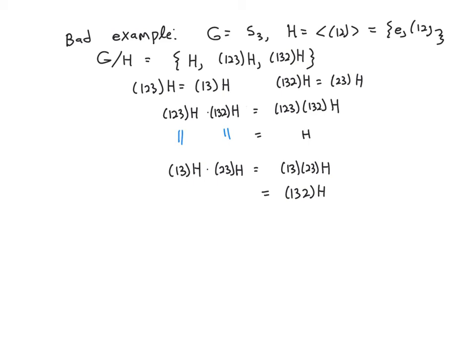Therefore, it is not a well-defined function from pairs of cosets to the set of cosets, because I get more than one possible answer, and you should only get one answer. And that's what it means to be well-defined. A well-defined function is a function. If it's not a function, then it's not well-defined.